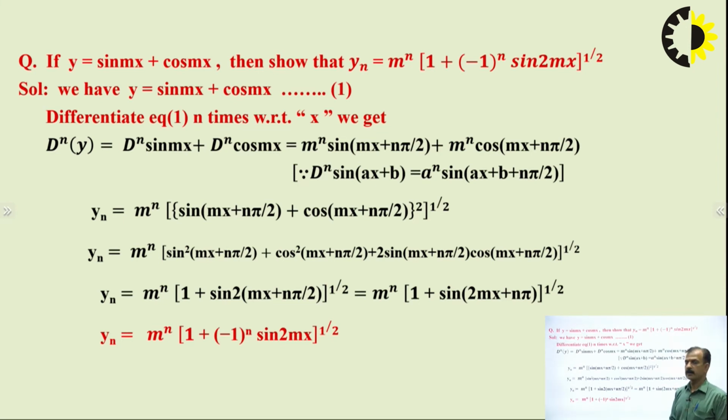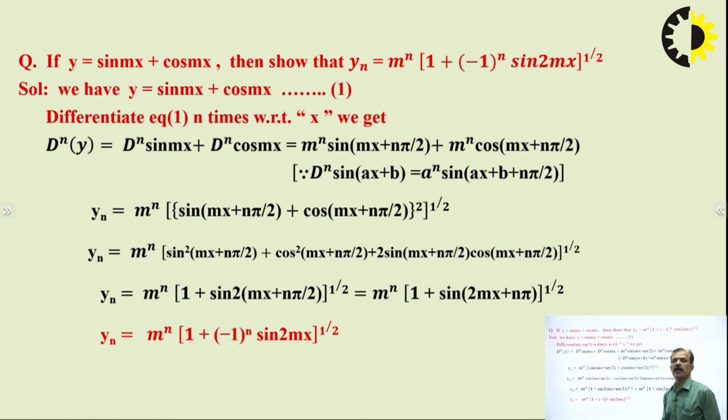Now we will discuss the next problem. In this problem, if we have y equal to sin mx plus cos mx, then show that the nth derivative of y is m raised to the power n into (1 plus (-1) raised to the power n into sin 2mx) whole raised to the power 1 by 2.